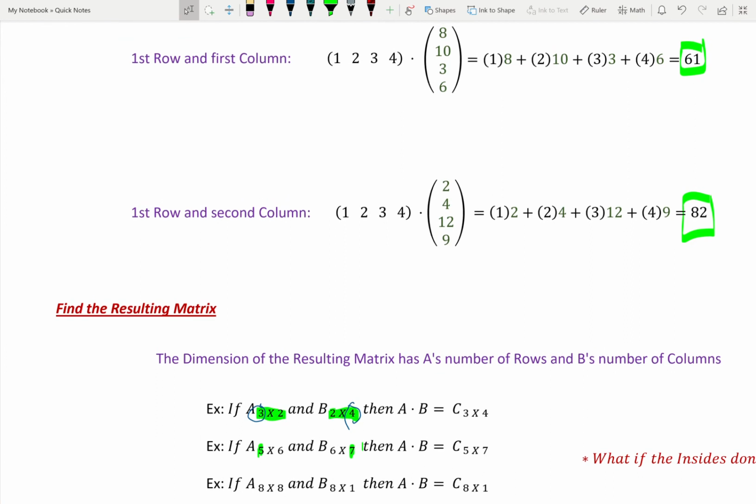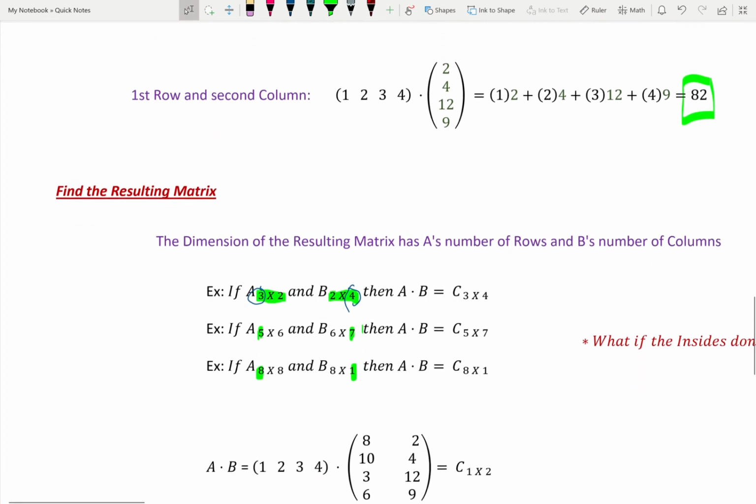Lastly, if we have A times B again, maybe I should change these letters up, it's okay. Then the resulting matrix would be the row of the first one and the column of the last one. So our resulting matrix will be of dimension 8 by 1.